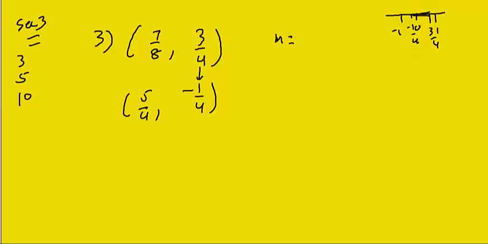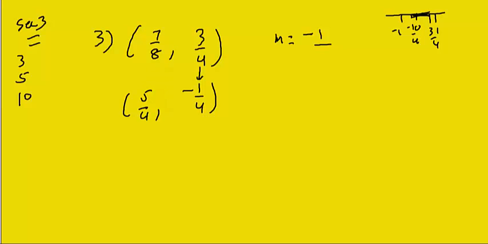How much is that step right there? 1 down, right? -1. Because you're at positive 3/4, you're going to the left. You went from positive 3/4 to -1/4. You went down one step.